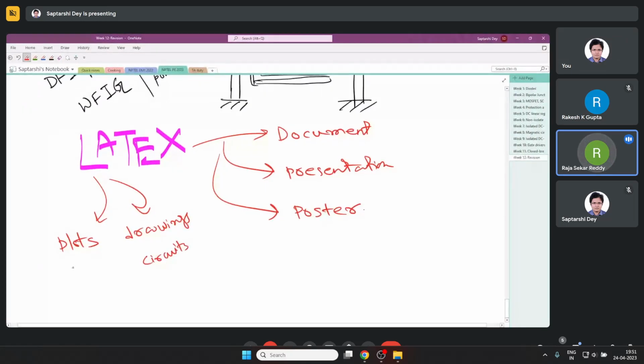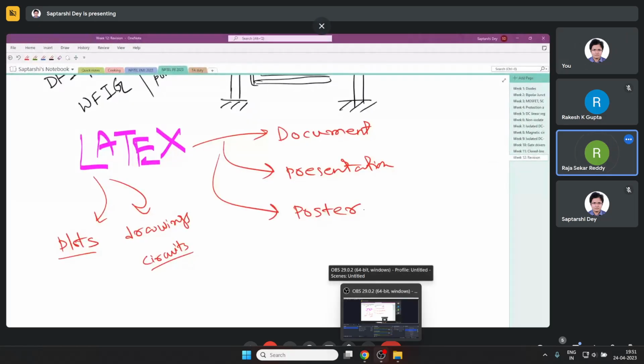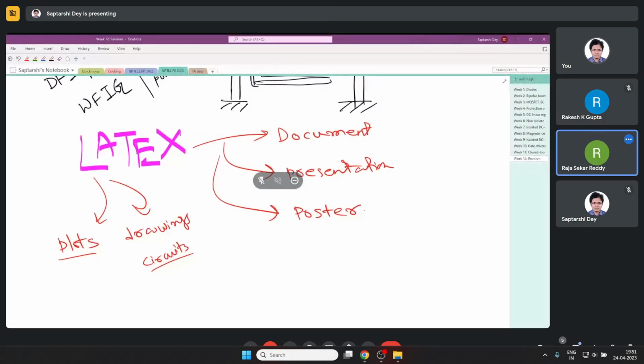You can draw circuits also? Yes, you can draw circuits. I will give you one link. Just a minute. This is a tutorial on how to draw circuits in LaTeX.